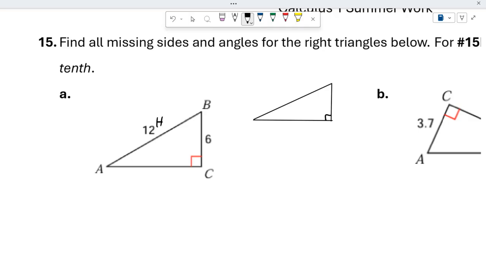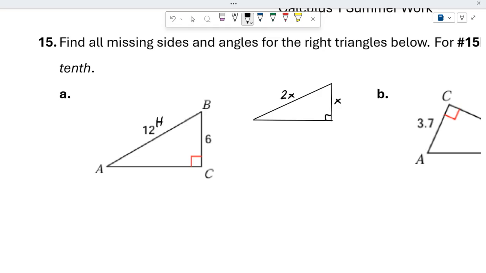Now, I'm not going to label as opposite or adjacent because I can only do that if I'm talking about a specific angle, and I haven't identified an angle that we're talking about here. But I can label the hypotenuse. Notice that if I let the short leg equal x, then I can express my hypotenuse as double that. My short leg is 6, and the hypotenuse is 6 times 2, which is 12.